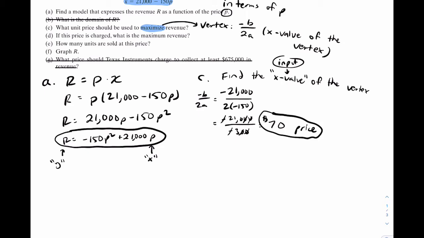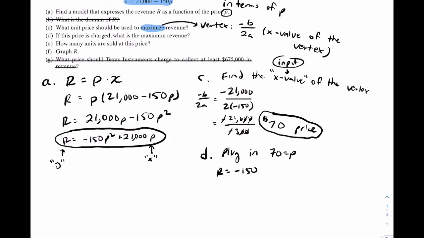Now we go to D. If this price is charged, what is the max revenue? So simply plug in 70 equals P. So you can use your calculator, and I'll save you some time as well.